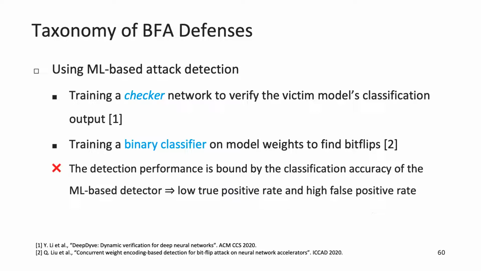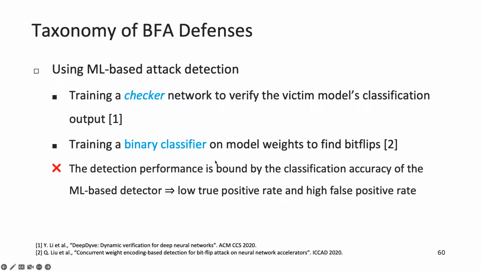The second defense type is using machine learning for detection purposes. One example of such defense is training a checker network that verifies the prediction output of the victim model. The second example is training a binary classifier, given the weights of the model, to find the bit flip locations, whether they have been introduced to the weights.